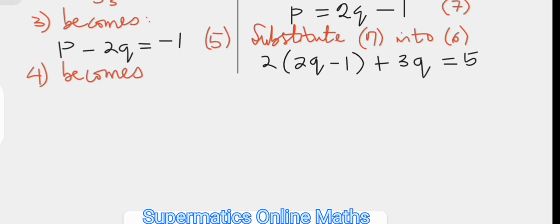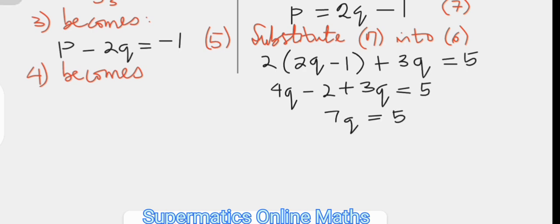Using the distributive property to distribute 2 into the parentheses, we have 4q minus 2 plus 3q equals 5. Then 4q plus 3q is 7q, and adding 2 to both sides, 5 plus 2, meaning that 7q equals 7, and dividing both sides by 7 gives q to be 1.